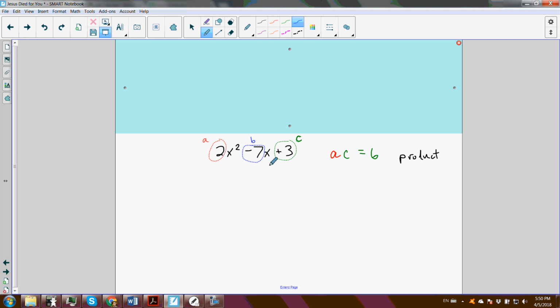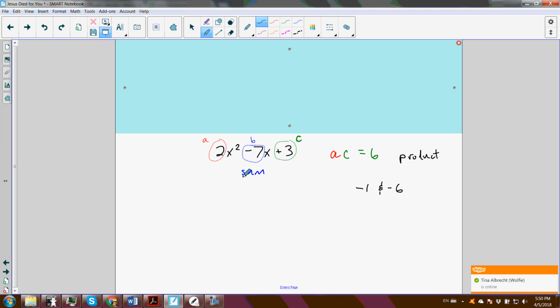So the only difference is you're not looking for two numbers that multiply to 3. You're looking for two numbers that multiply to 6 and add to negative 7. What are the two numbers? Well, the two numbers are negative 1 and negative 6. Negative 1 times negative 6 is 6. Negative 1 plus negative 6 is negative 7.